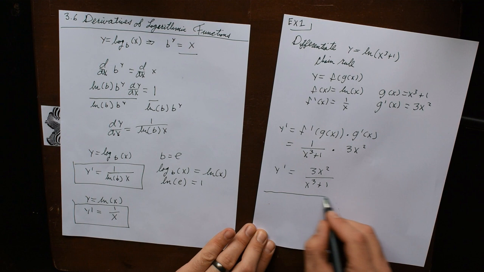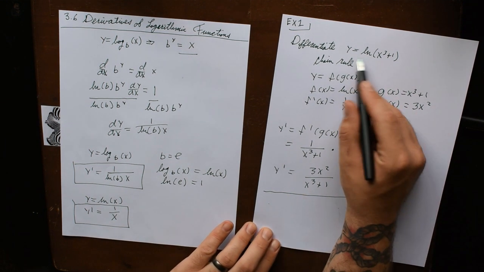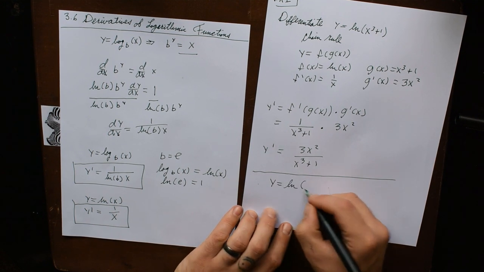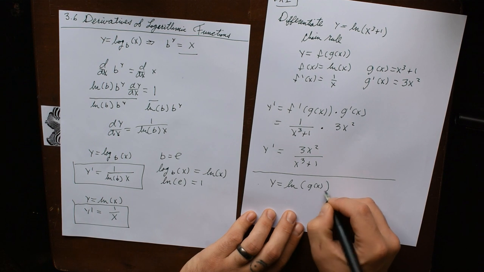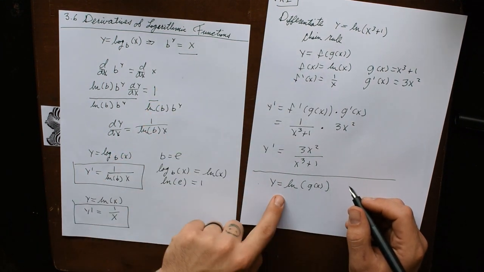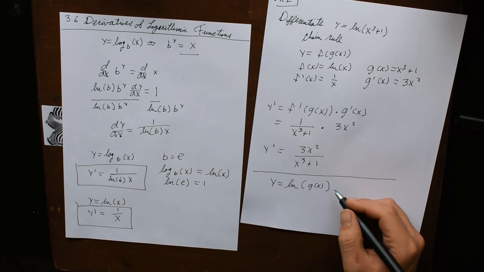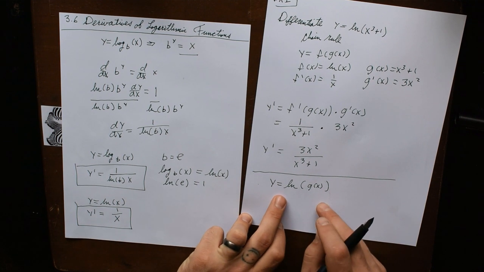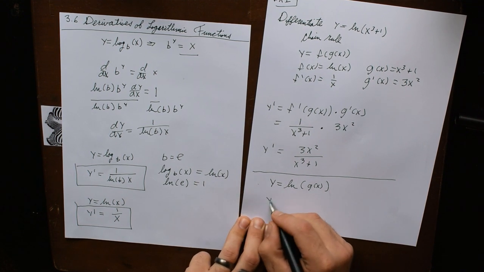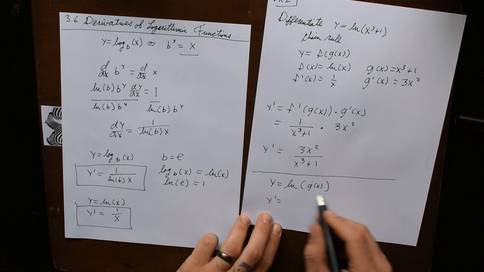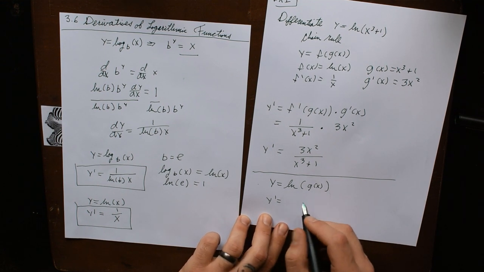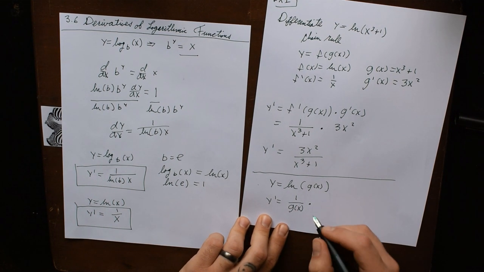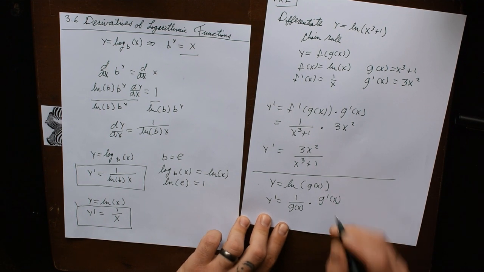So for all of these natural log functions, we'll do this down here. Any function of this form is of the form y equals the natural log of g of x. We already know what f of x is. For problems like this, f of x is always going to be the natural log of x. So if we wanted to come up with a generalized formula for equations of this form, y prime is going to be the derivative of natural log of g of x, which is 1 over g of x, times the derivative of the inside, g prime of x.